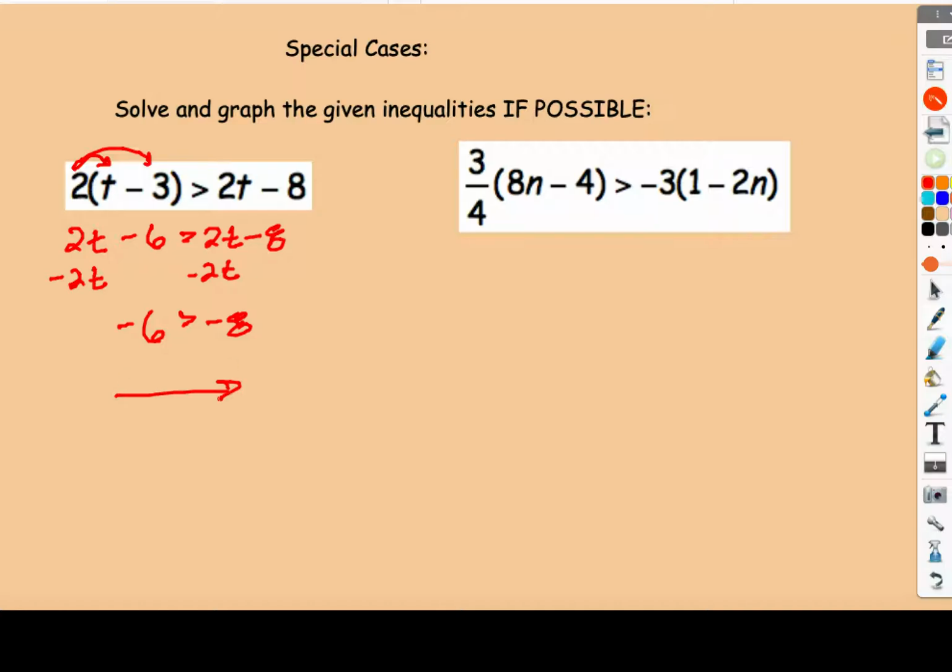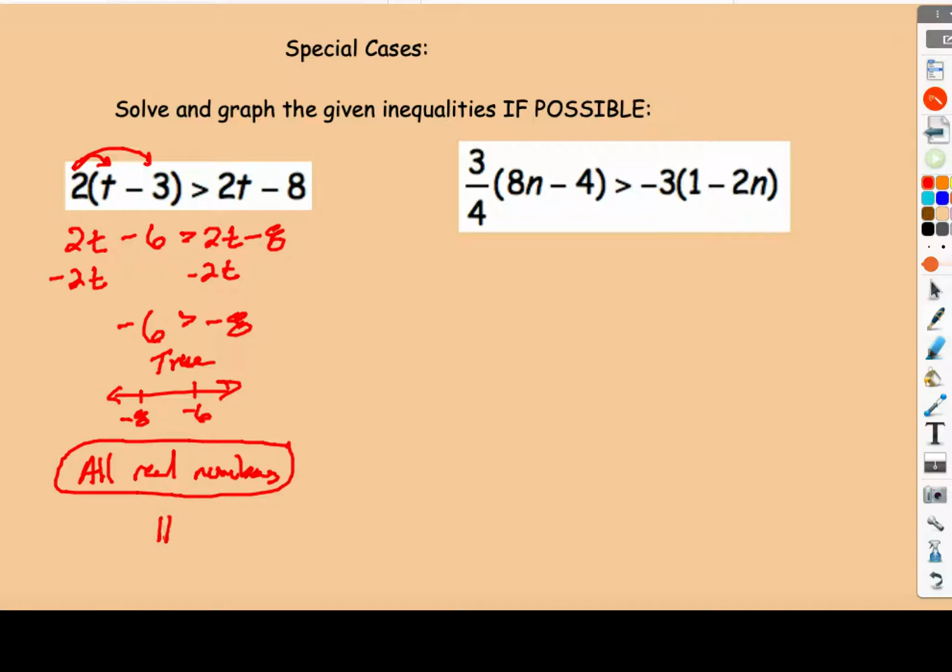If I think about a number line, -8 is less than -6, which means -6 greater than -8 is true all the time. Well, that means that our inequality will be true all the time. And our best answer there is all real numbers, or what we often represent as that capital R with that double bar on the side.